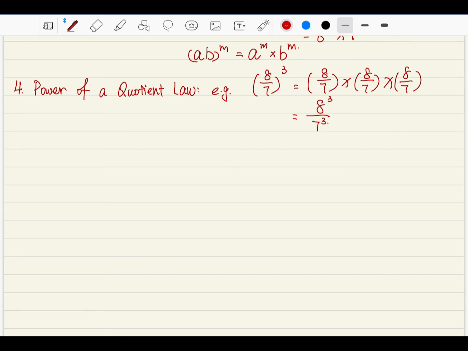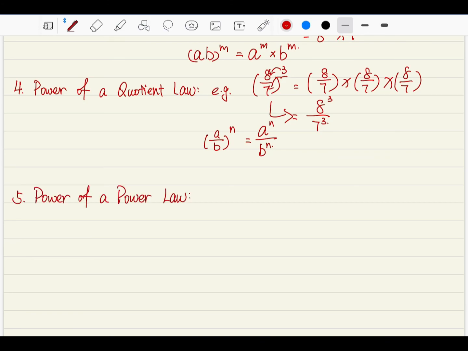This is similar to the power of a product law; we just distribute the exponent to each number. Then we have a over b in brackets to the nth power equals a to the nth power over b to the nth power.